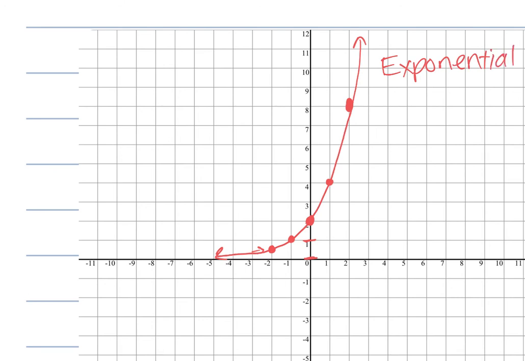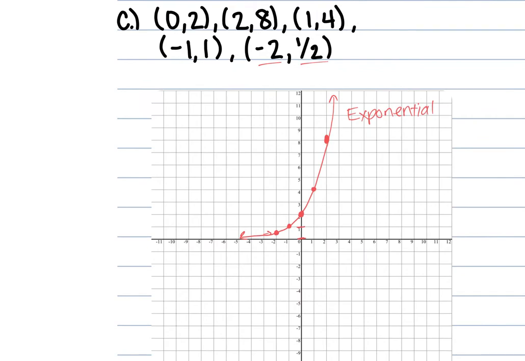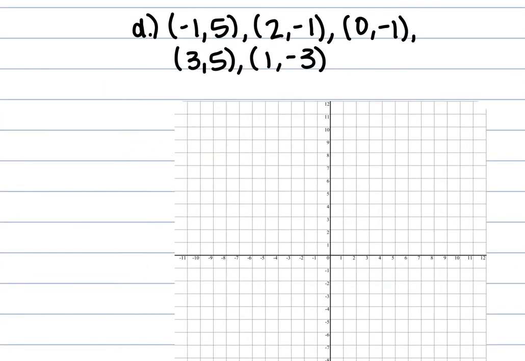The only other thing we're going to see in this lesson, guys, is we're going to see these in charts, and we're going to figure out what they are in charts. We've already done some of this before, right? All right, and then D. We've got -1, 5, 2, -1, 0, -1, 3, 5, and 1, -3.